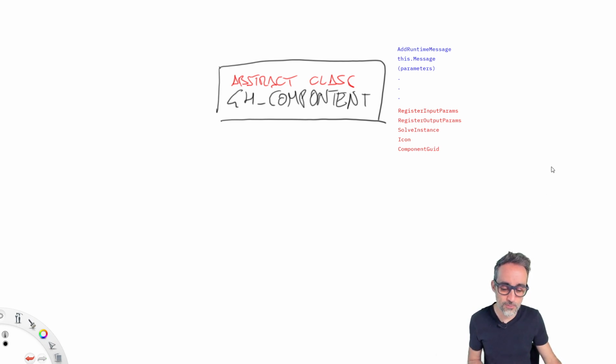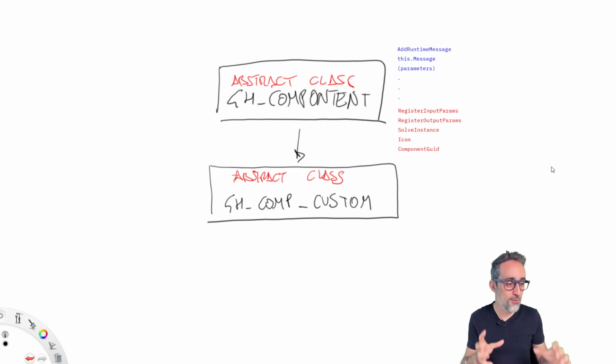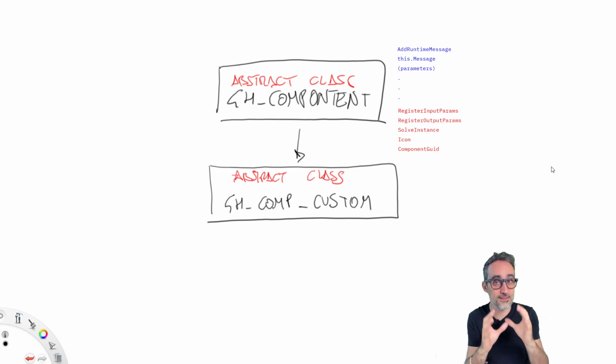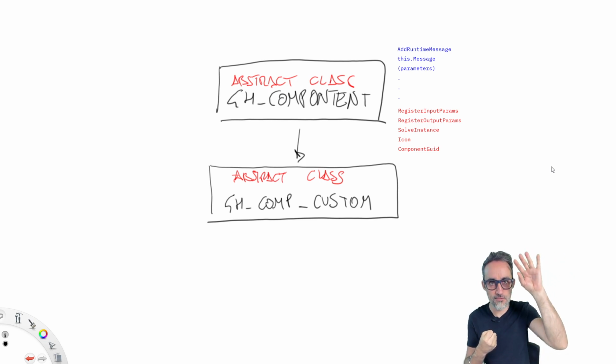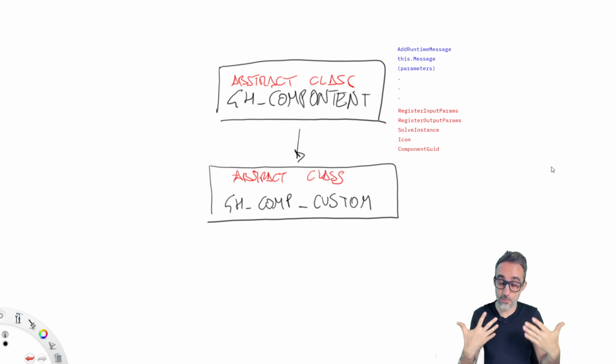So the better practice would be to say, well, you know what? From the general abstract class Grasshopper component, I'm going to create a subclass that inherits from everything in the parent, but in my abstract class, which is specific for some kind of use that I want to do.